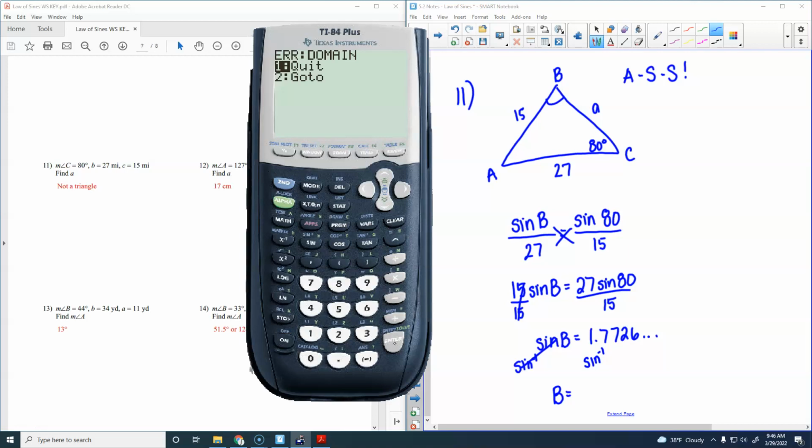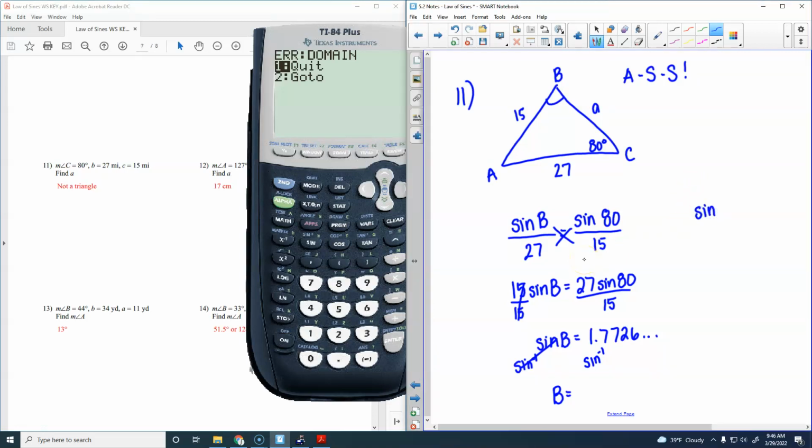Why does it not work? Sine, what does sine equal? I realize we're not dealing with a right triangle here, but sine does equal opposite over hypotenuse. Which one's bigger, opposite or hypotenuse?